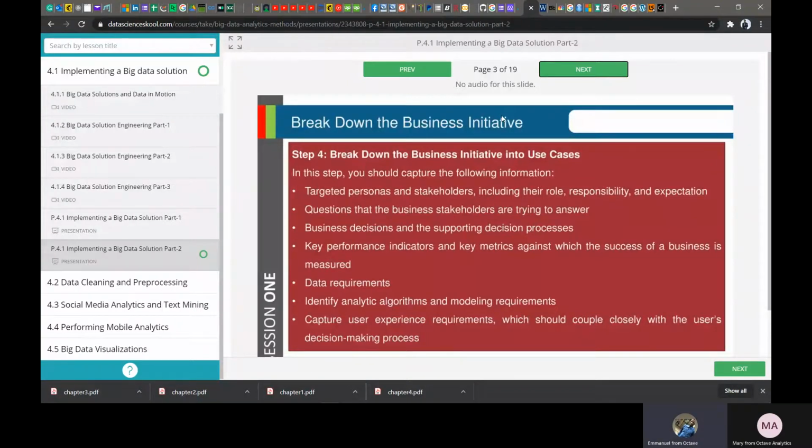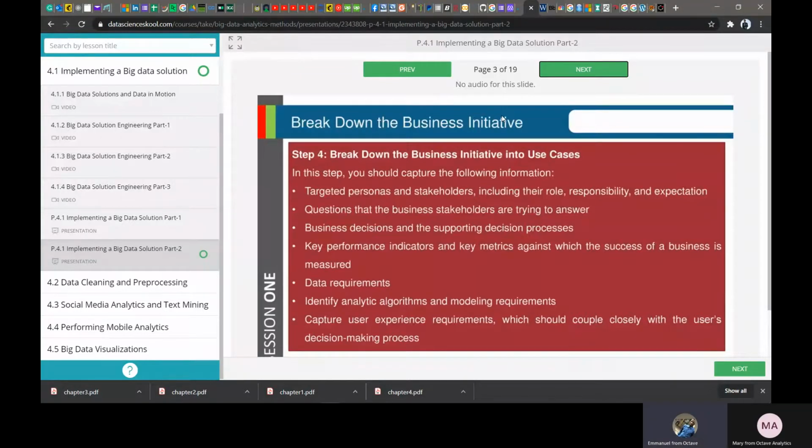So business decisions and the supporting decision process. So we will also keep our performance indicators as KPIs and key metrics against which the success of the business is measured. So for example, let's say I have the revenue of a particular organization.